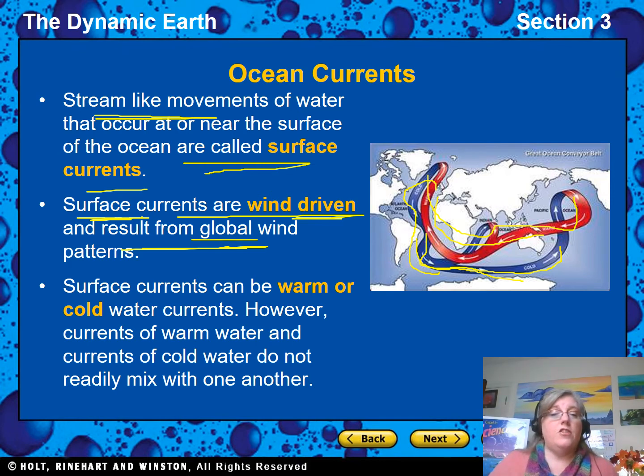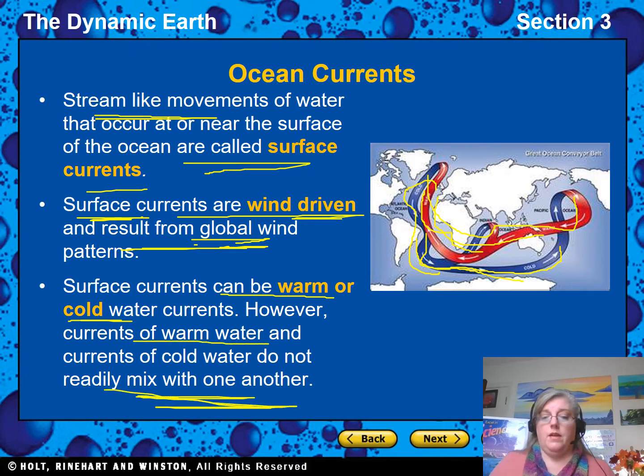And it's not just happening here, it happens everywhere where there's a particular way that you can expect the wind to blow most of the time. And because of that, it also works on top of the oceans to set up the ocean currents. Now the surface currents can be warm or cold, but the different temperatures don't often mix with one another.